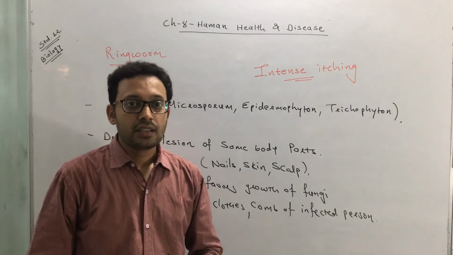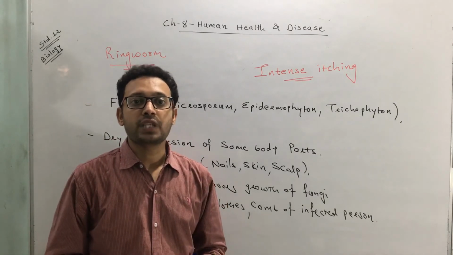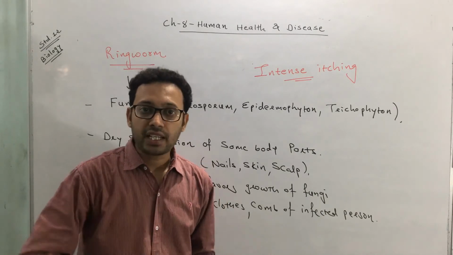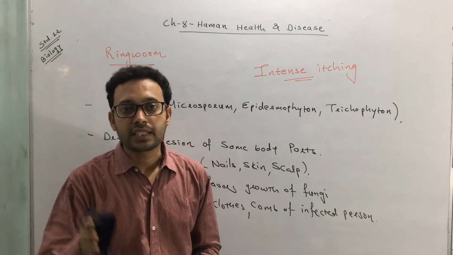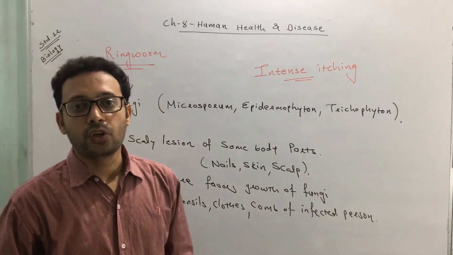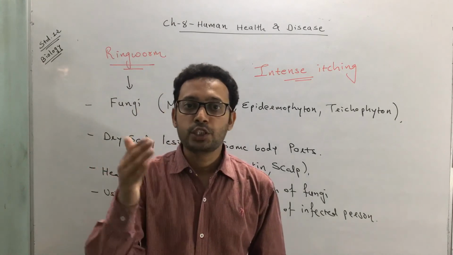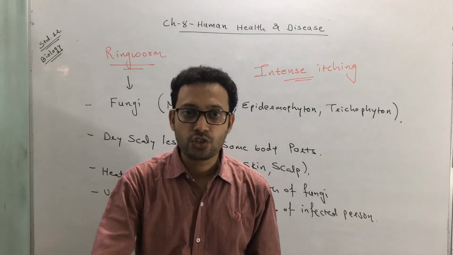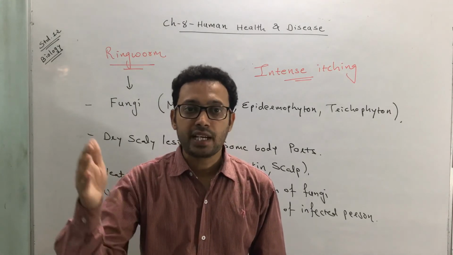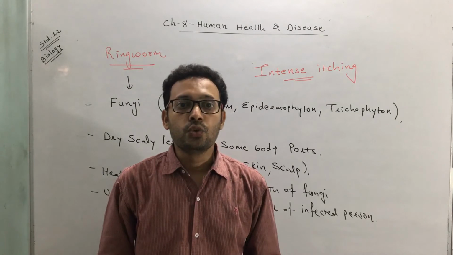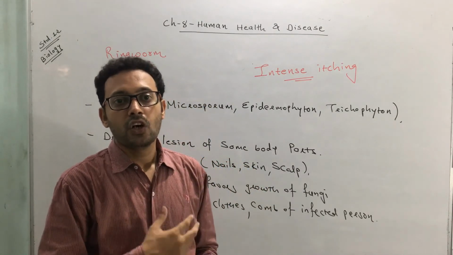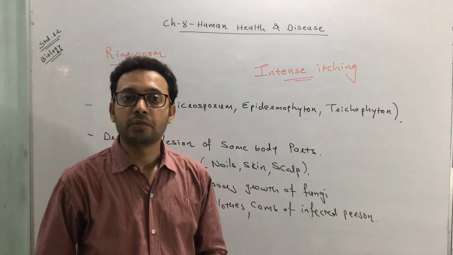But before these microbes enter our body, once they enter then our immunity works. Before they enter, we have to take certain steps so they don't enter into our body. That's why we always say that prevention is better than cure. So what are the preventive steps that can be taken so that this disease does not occur in a human being or does not spread to another human being?